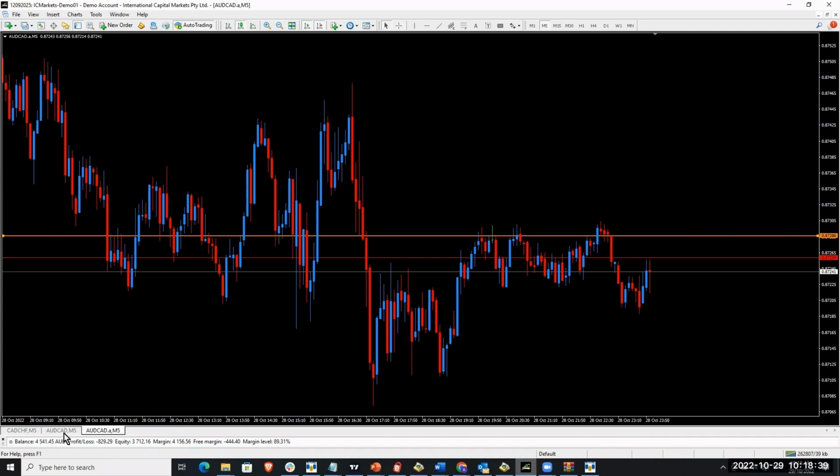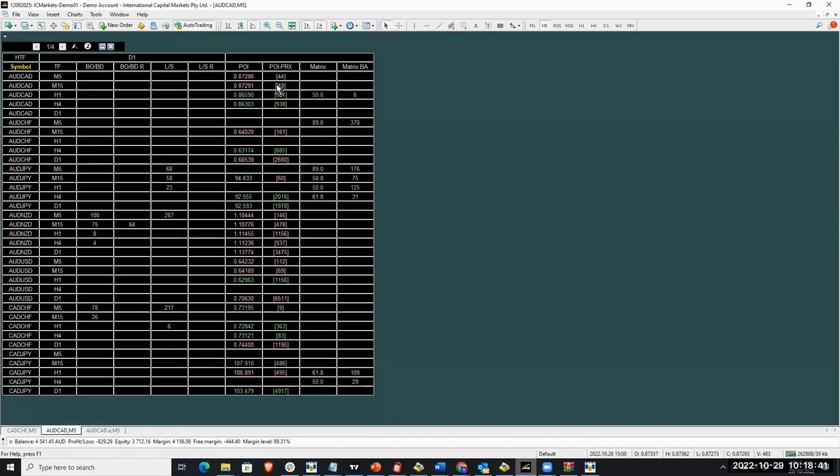And if you look at the scanner, this is what it says, 41, 44, whatever. So this is the number of points the current price is away from the point of interest. We can set up alerts on those, and say, okay, when the current price is X number of points away from the point of interest, please give me an alert on my email or my mobile phone, and they will push through a notification.